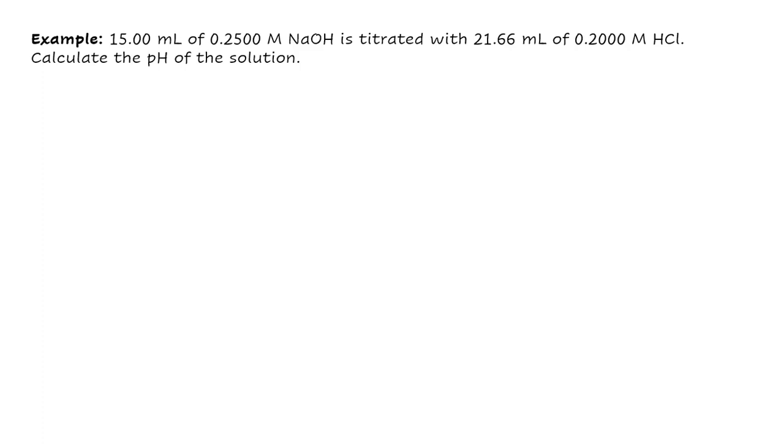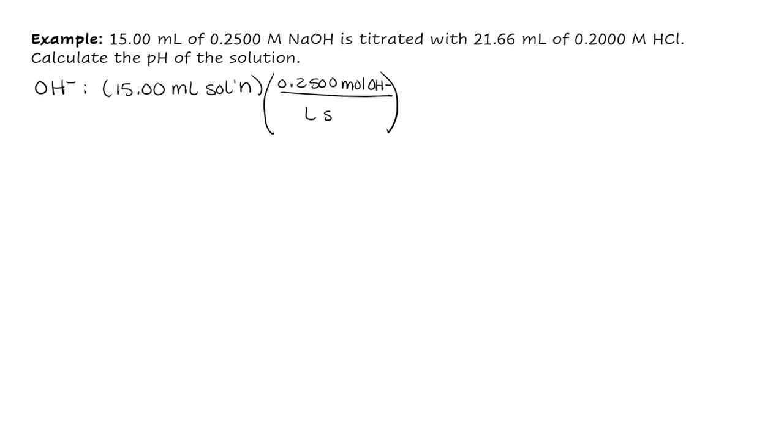So the first thing we'll do in this problem is calculate our millimoles. Starting with hydroxide, we have 15 milliliters of solution times the molarity of the sodium hydroxide, which is 0.2500 moles of OH minus per liter of solution.